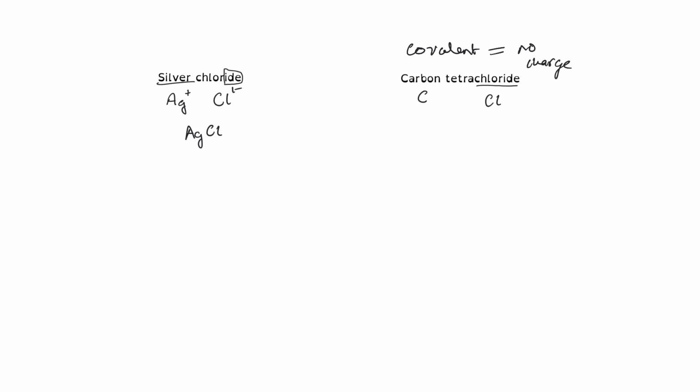And we must always remember this. Covalent compounds do not have a charge. So now you look at the prefixes. Tetra goes with chloride. Tetra means 4, so you put a 4 on the bottom of Cl. Carbon has no prefix, so there's no subscript for carbon, and so you end up with CCl4.